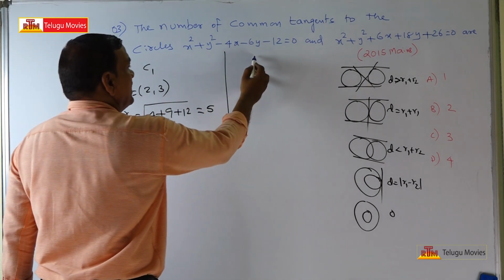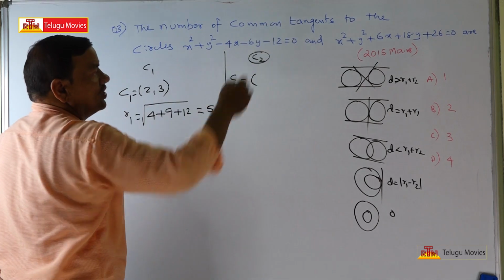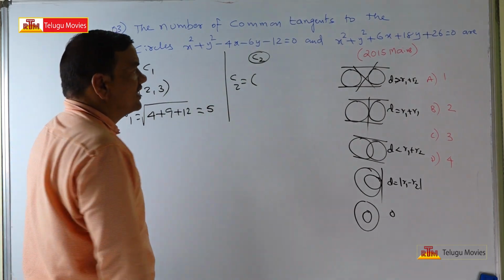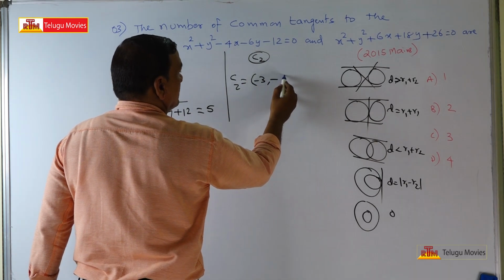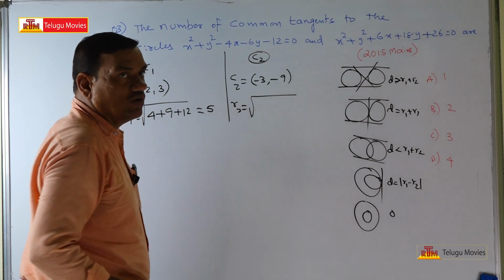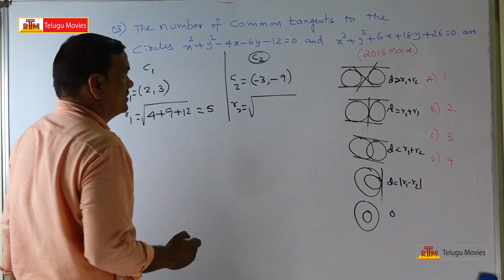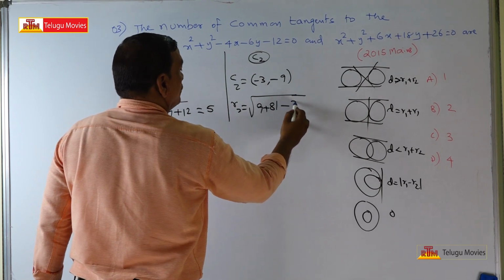Okay. For the second circle, C2, what is the center of the second circle? If you observe, the center of the second circle is minus 3 comma minus 9. What is the radius of the second circle? Under square root of g square plus f square minus c, that is 9 plus 81 minus 26.